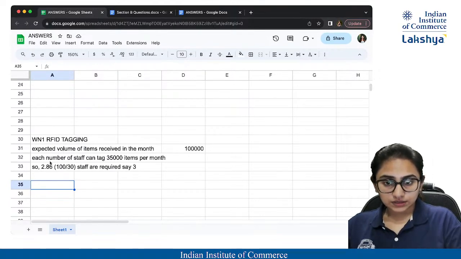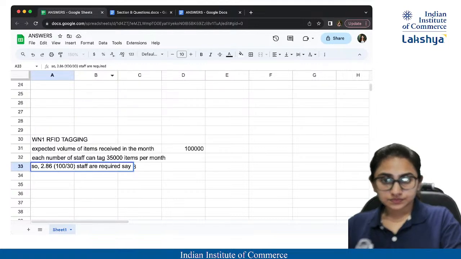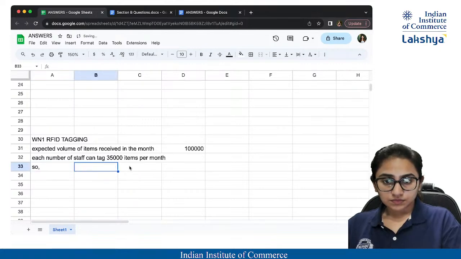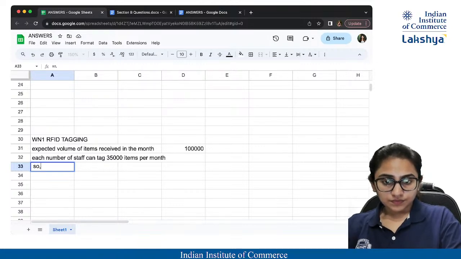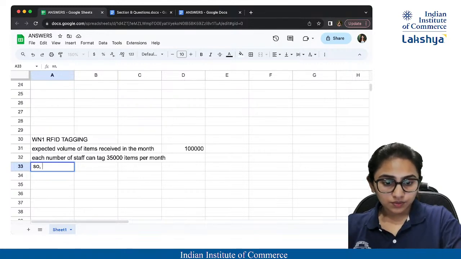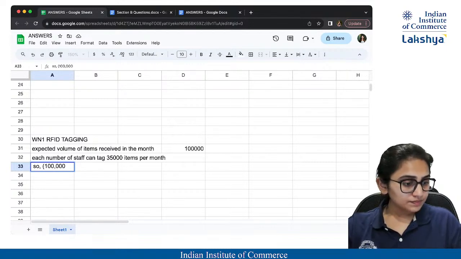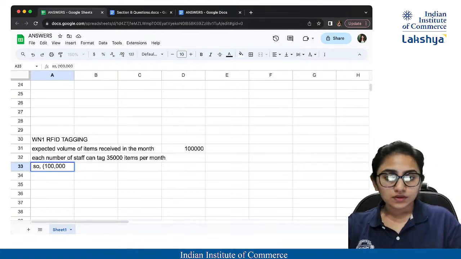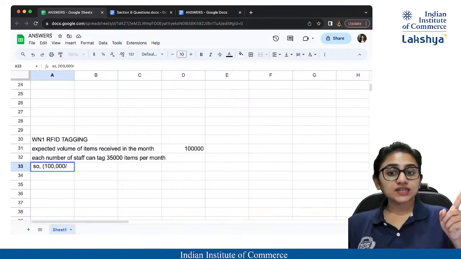One second, I think I made a mistake here. So 1 lakh is the expected volume per month divided by 35,000 items done by each staff.